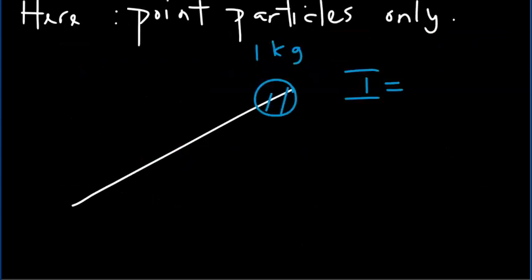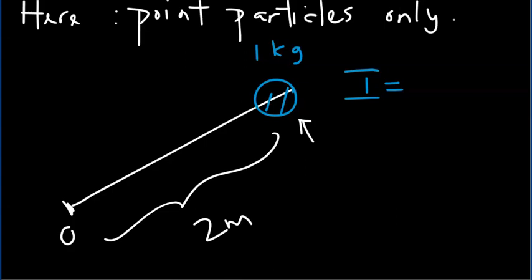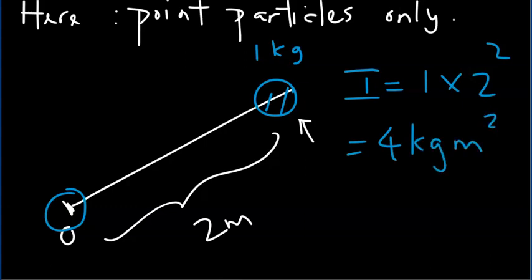To highlight this point numerically, let's say you have a system consisting of one mass, a 1 kg mass right there. The distance from the axis of rotation is 2 meters. Now the moment of inertia of the system about this axis of rotation equals 1 times 2 squared, so you have 4 kg meter squared.